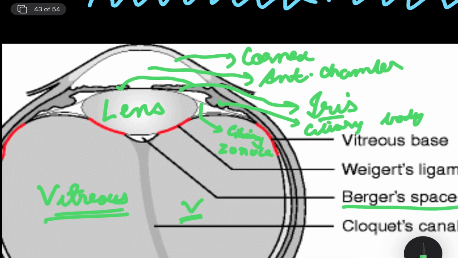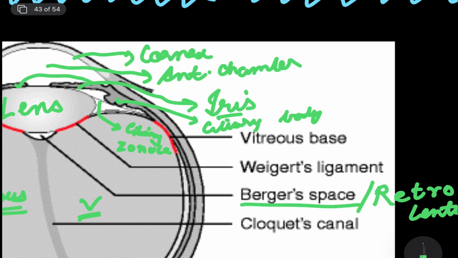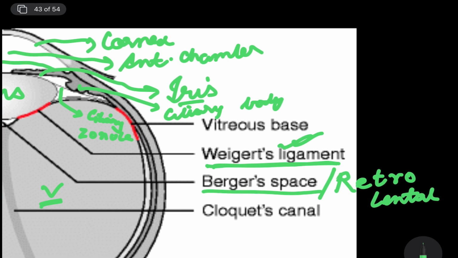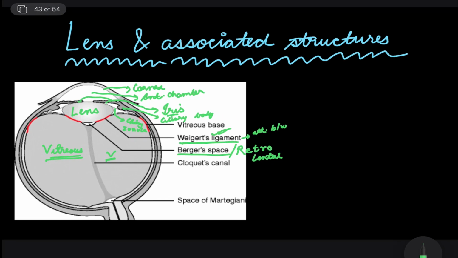That is where we say it is attached via a ligament called the Vigart's ligament. So Vigart's ligament is nothing but the attachment between the posterior surface of the lens and the vitreous.